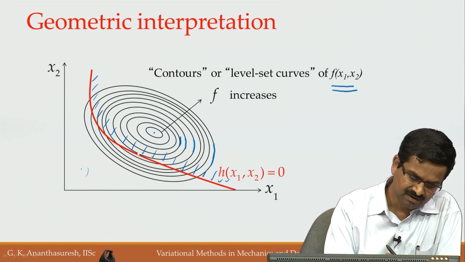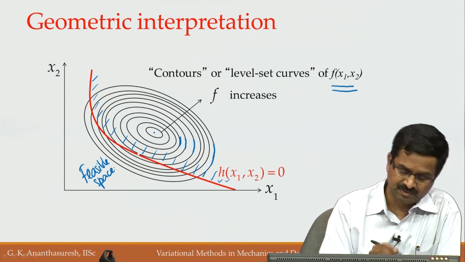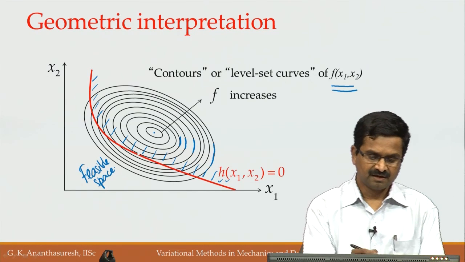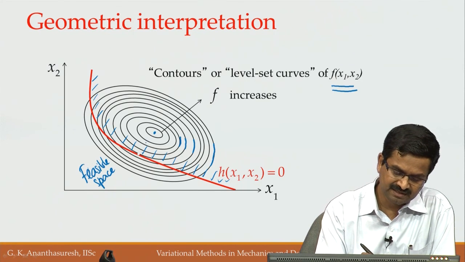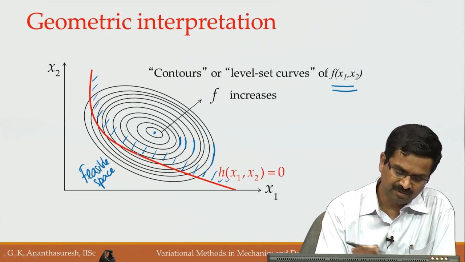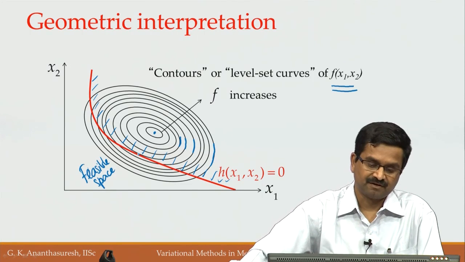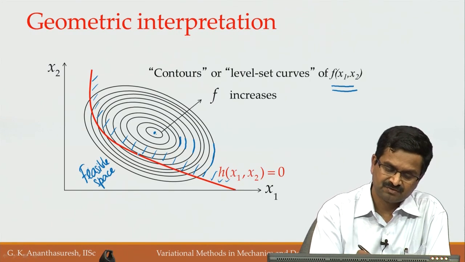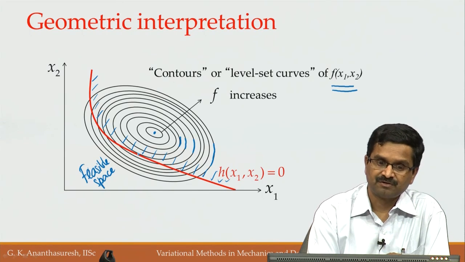This is our feasible space. Then the unconstrained minimum is not accessible to us, we would keep on increasing. When you come to a particular point, we realize that that is the smallest f, because f increases as we go away from here. If we move a little bit further into the feasible space, then I would increase my objective function.